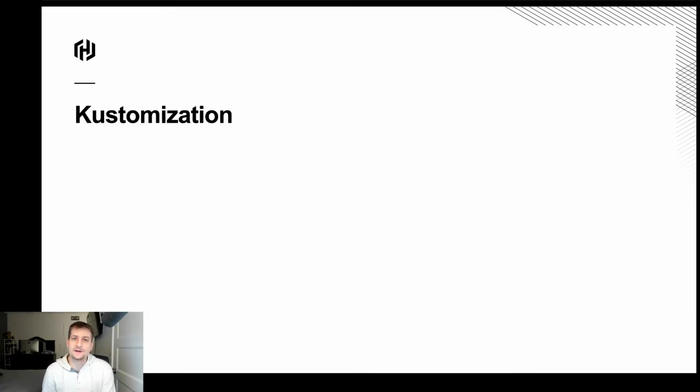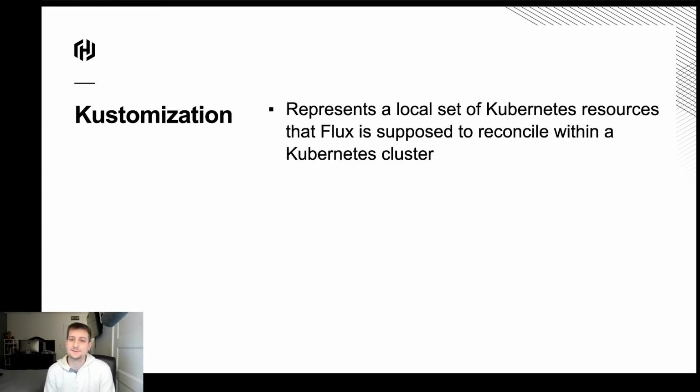One of the next core concepts of Flux is customization. Customization is really an abstraction layer on top of your sources. These are typically used with Git repositories, and you don't have to really leverage them. You do have to instantiate them within your Flux deployment, as you'll see here in a bit, but you don't have to transform things.